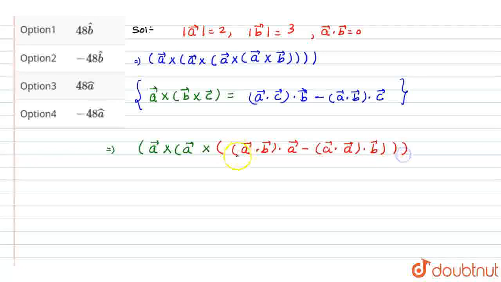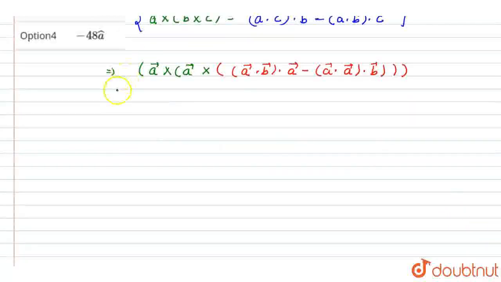This is because of the following condition: the first A vector dot product with C vector, here A vector dot product with B vector, then dot A vector, minus A vector dot A vector dot B vector. Now we have to solve this equation.